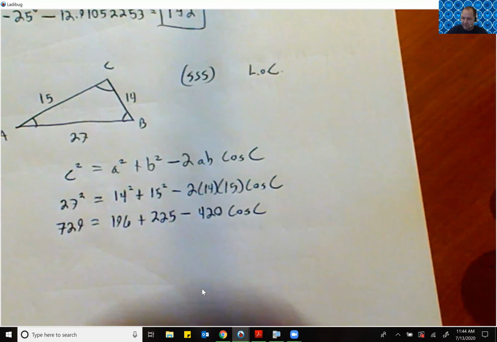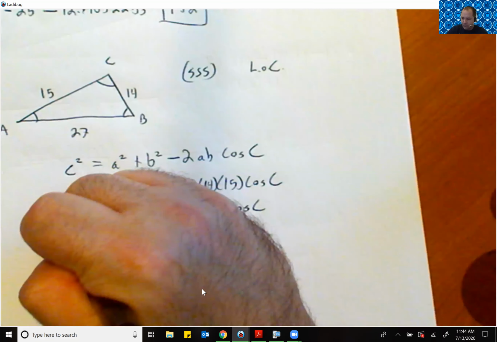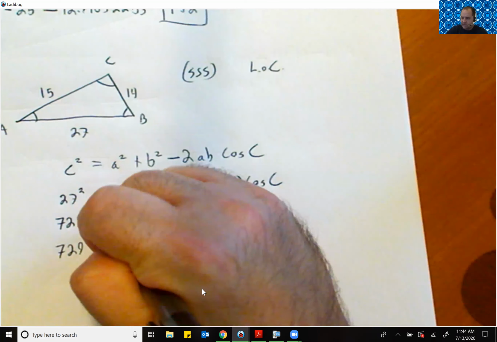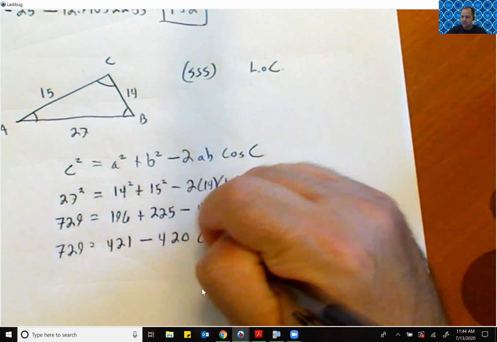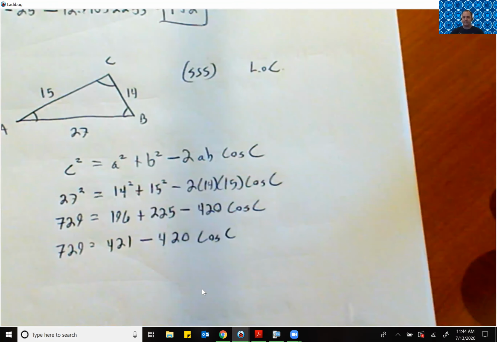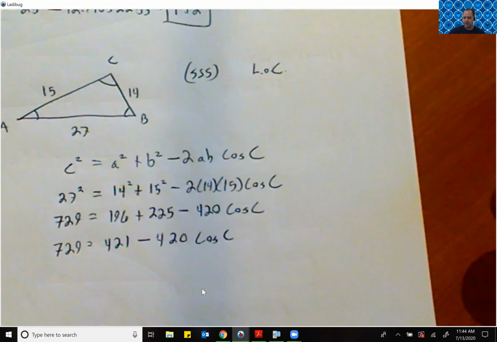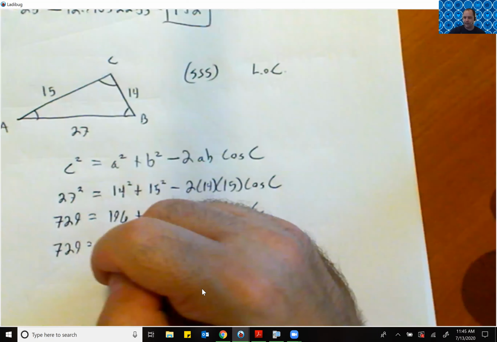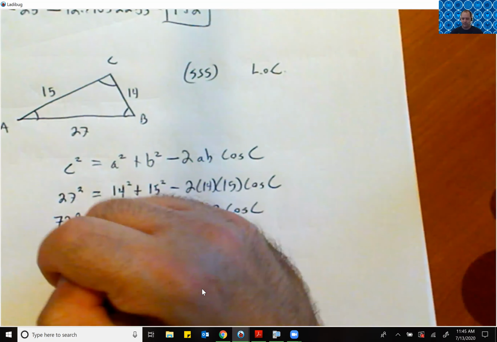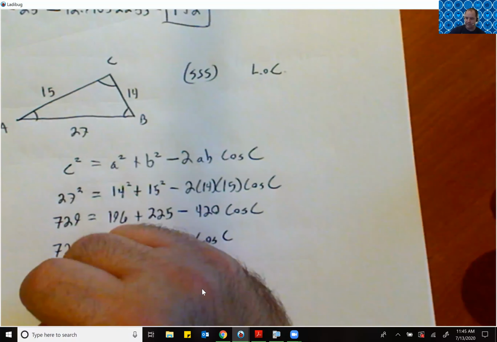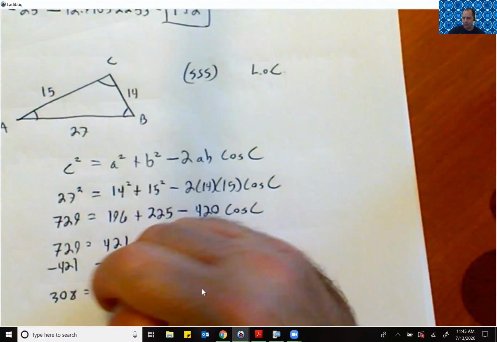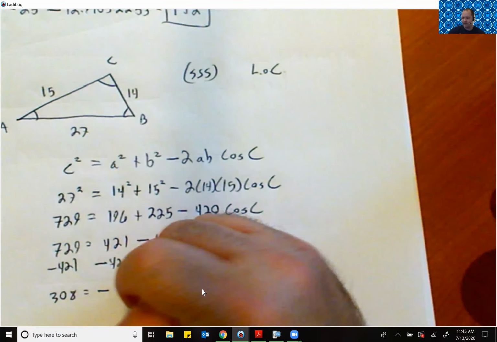So this is 729 equal to 421 minus 420 cosine C. So let's just get cosine by itself now, just moving numbers. So minus 421, minus 421. So 729 minus 421. So that's 308 equal to negative 420 cosine C.